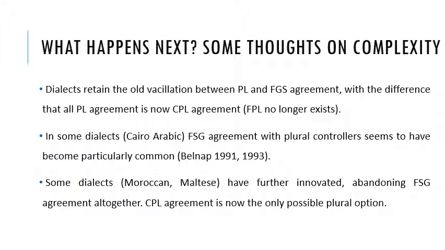Having said that, we have data about some dialects that stand out from the rest because they show highly divergent patterns. The most notable example is that of Cairo Arabic. Several scholars have reported that feminine singular agreement in this dialect is extremely common. In particular, with non-human controllers, it seems to be almost the default option.